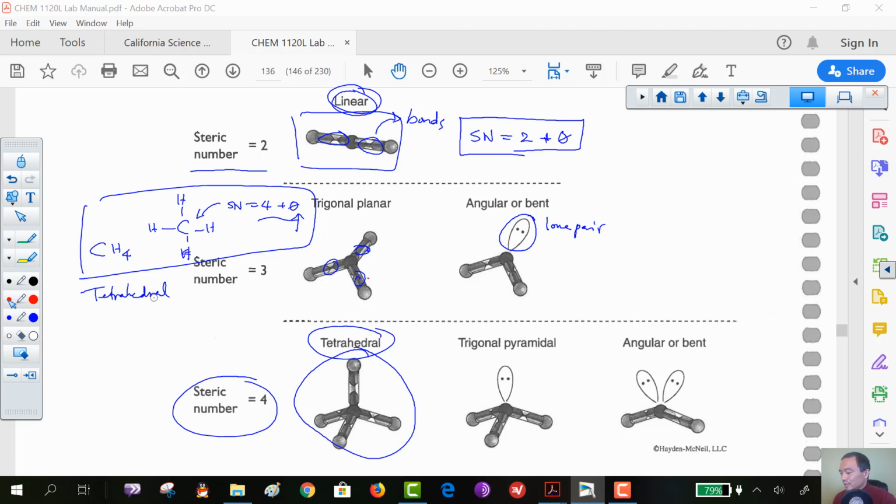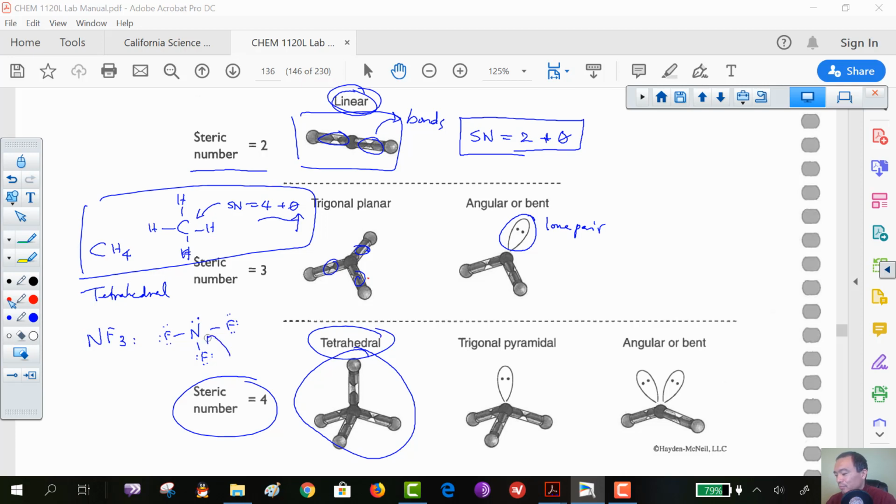Okay. Similarly, let's look at NF3. As we calculated, I'm transferring over here so you can see it more easily. The fluorine outer atoms are connected to the center atom nitrogen.